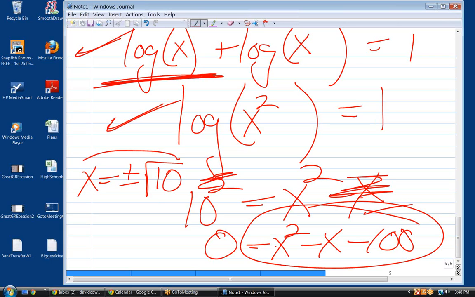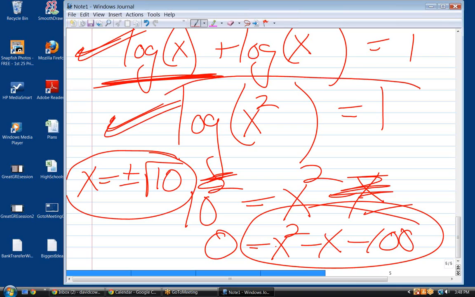Well, the minus solution does not pass the domain of that initial equation. Notice that it does pass the domain of this equation, the one I combined. In other words, after I compressed it, I had an expression where minus square root of 10 works just fine because it becomes a positive number when you square it.